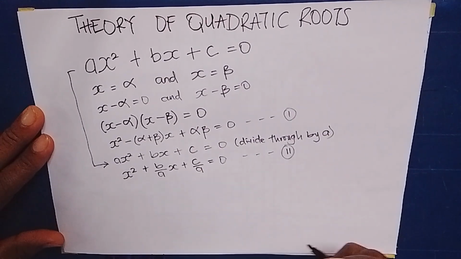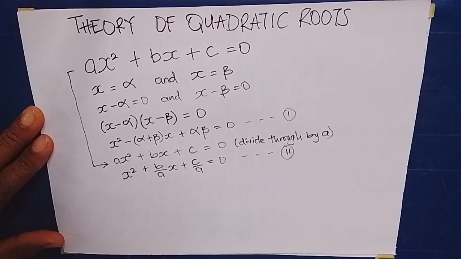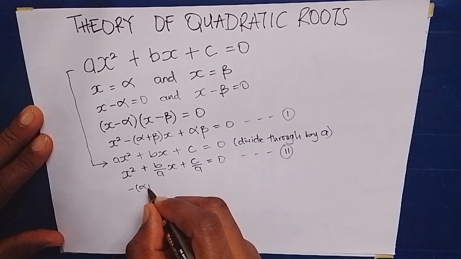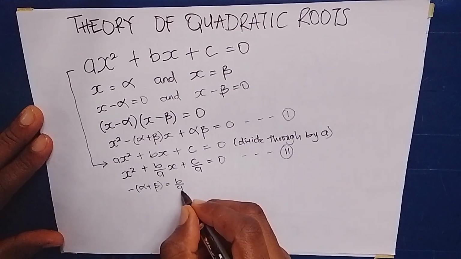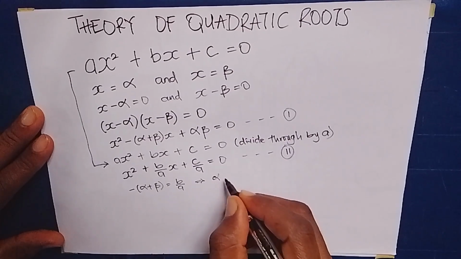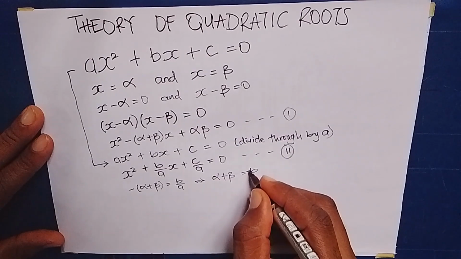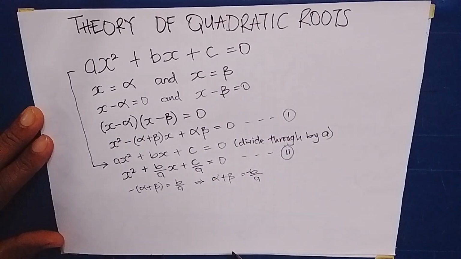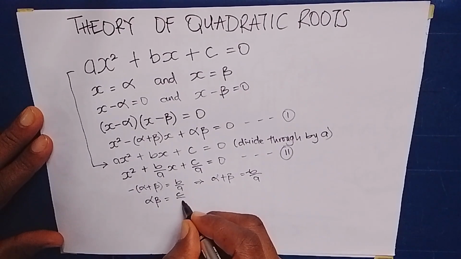Now, comparing both of them, since they're equivalent, we'll have that minus alpha plus beta is equal to b over a, which also implies that alpha plus beta is equal to minus b over a. And then comparing equation 1 and 2 again, we have that alpha beta is equal to c over a.